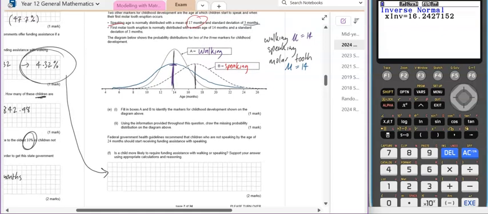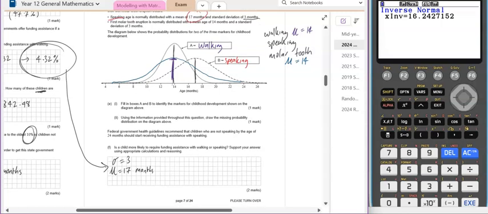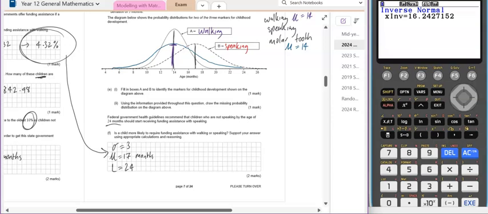So let's work that out. Now, we know that with speaking, the standard deviation there was 3, so it was a greater spread. The mean was 17 months, okay? And what we're going to do is set the lower boundary here for 24, and try and work out what percentage of students fall above that.